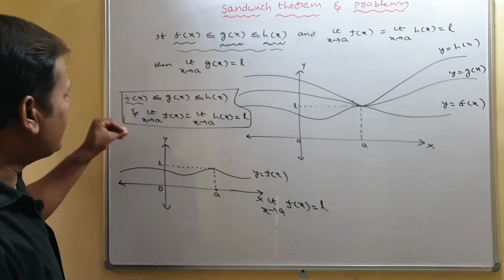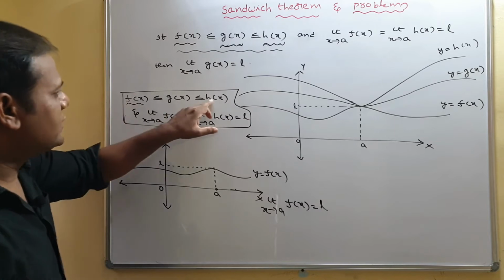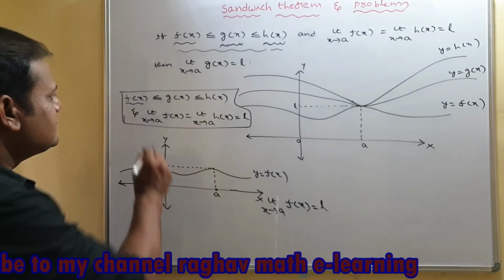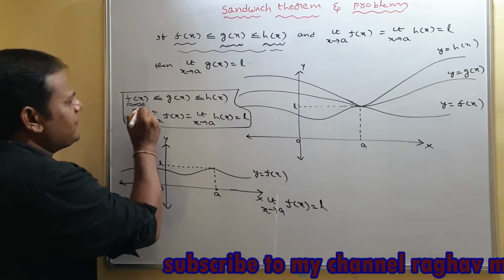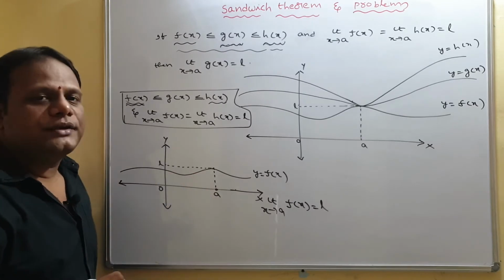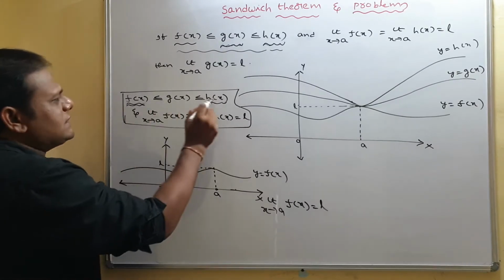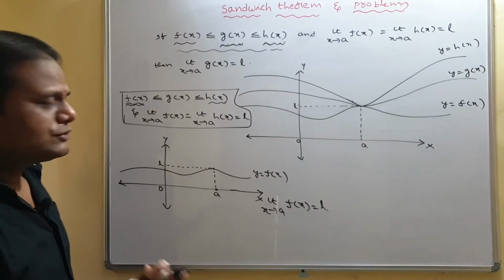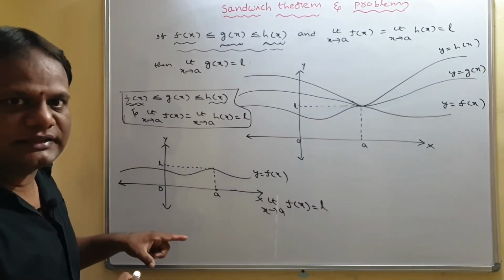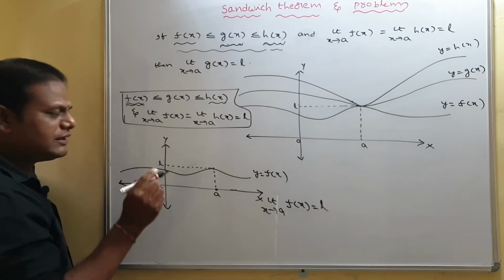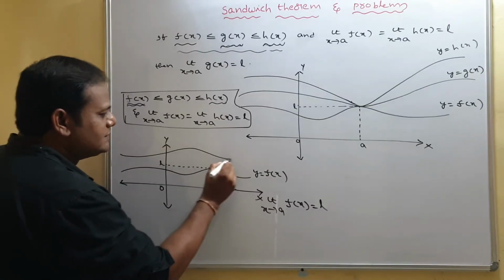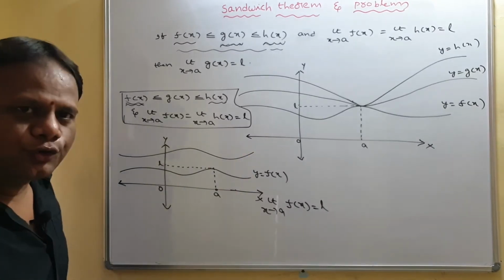Now I am going to draw the graph for h of x. See here what is given: f of x is less than or equal to h of x in the neighborhood of a. So f of x is below h of x. Suppose I take the graph like this, is it correct? No. Why?